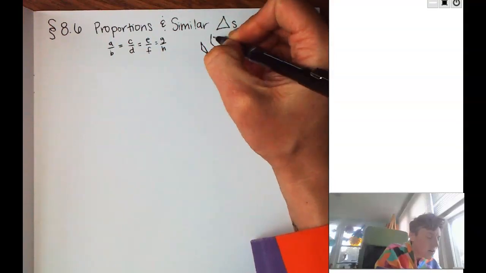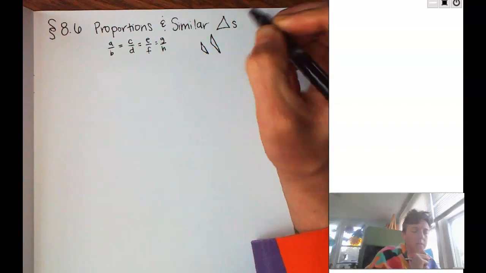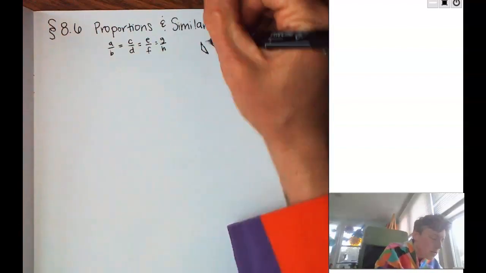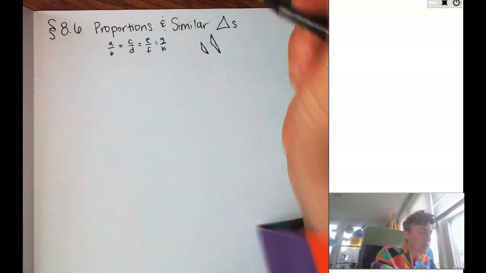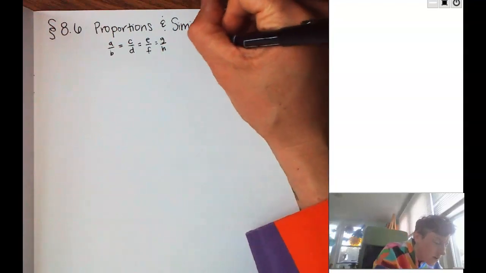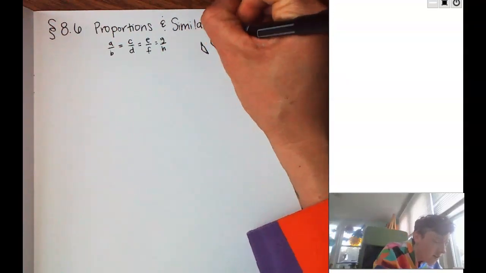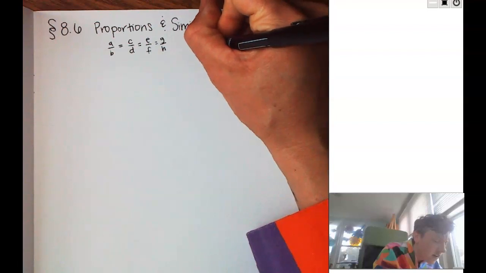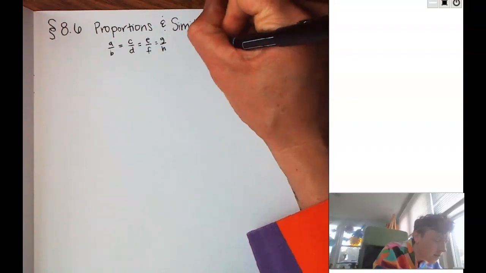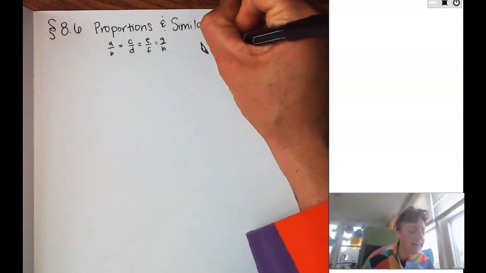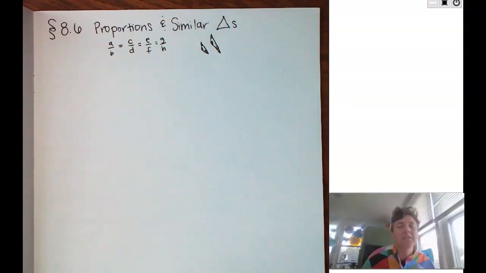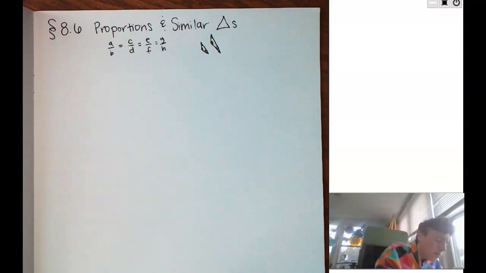They're hard to draw freehand. Terribly hard to draw freehand. We do know a couple things about them. Why did I make them so skinny? We know that all of their angles are congruent, and their sides are proportional.